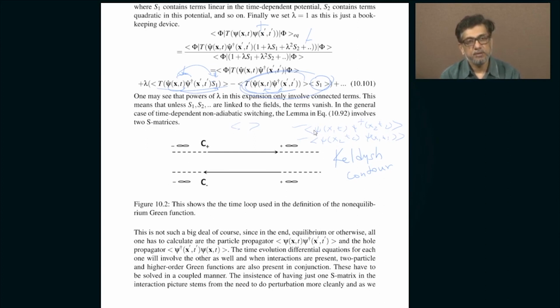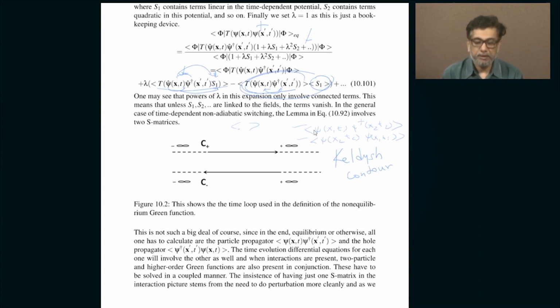The reason for seeking a more compact definition of the one particle Green's function is that this compact definition will actually then obey an exact equation even when interactions are present, and it will only involve that Green's function and nothing else.